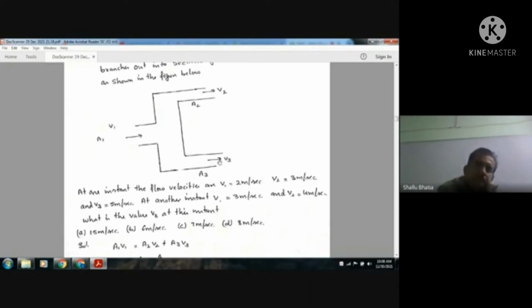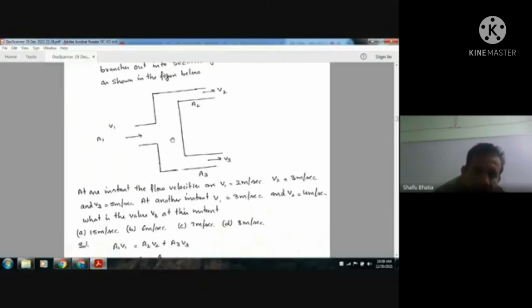At one instant the flow velocities are V1 equal to 2 meter per second, V2 equal to 3 meter per second and V3 equal to 5 meter per second. At another instant V1 is equal to 3 meter per second and V2 is equal to 4 meter per second. Then what will be the value of V3 at that instant?